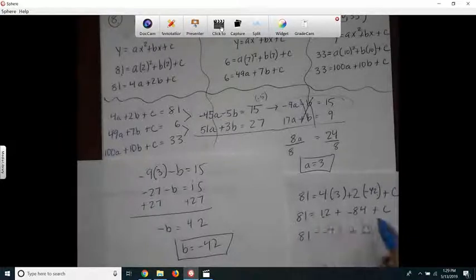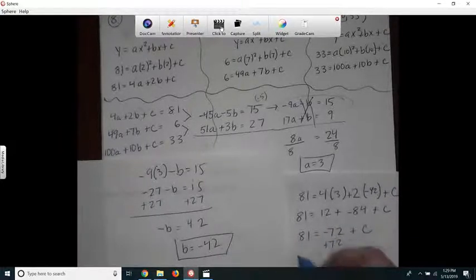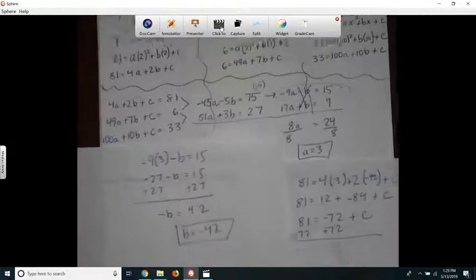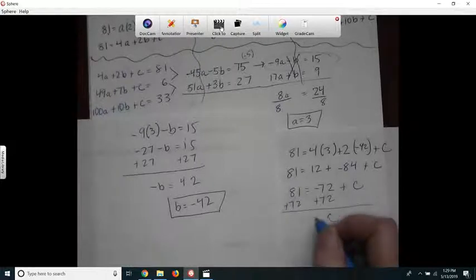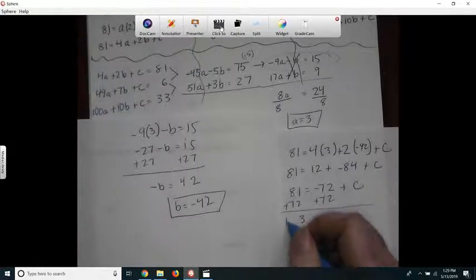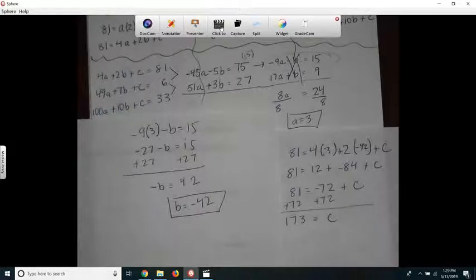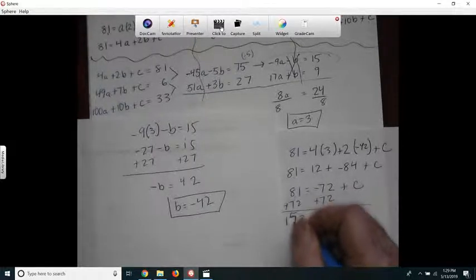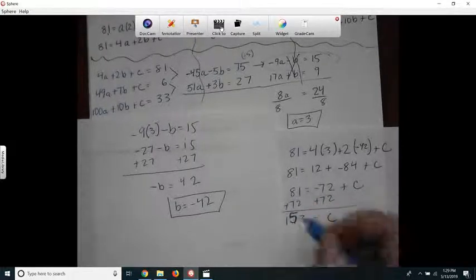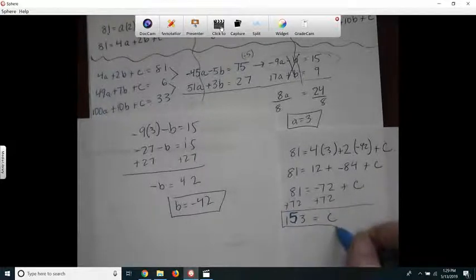I added those together, and I'm going to get some huge number for C. I was just surprised that C was such a big number, but I got C is 153.